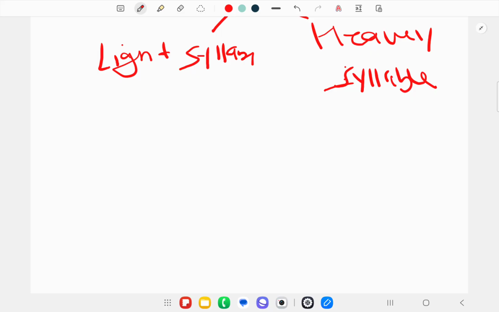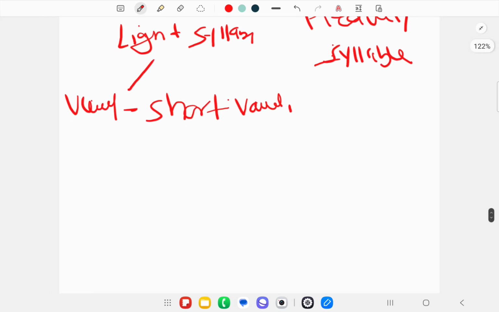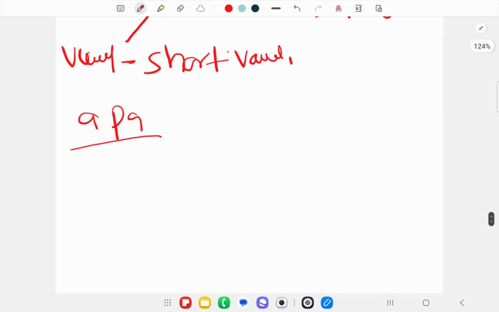So in a light syllable the rhyme contains a short vowel sound. In a light syllable the rhyme contains the short vowel sound. Okay, like if I take any example, if I say pa, it means the a sound.